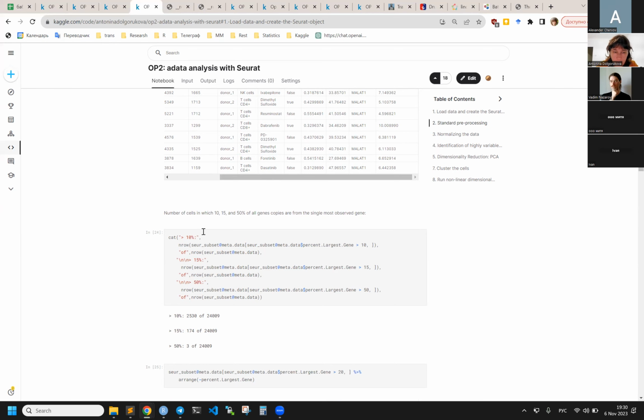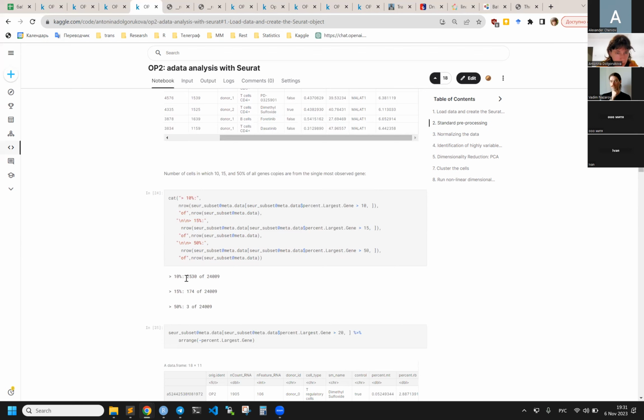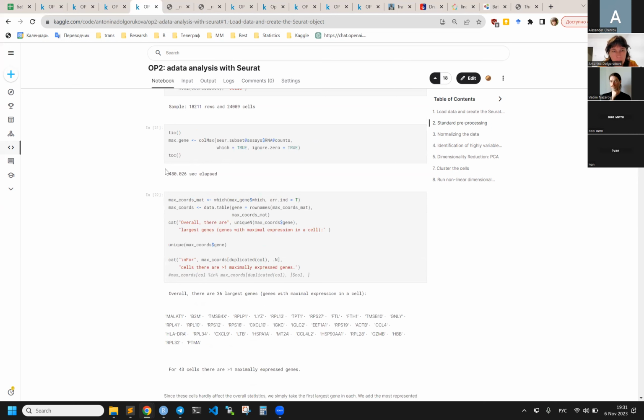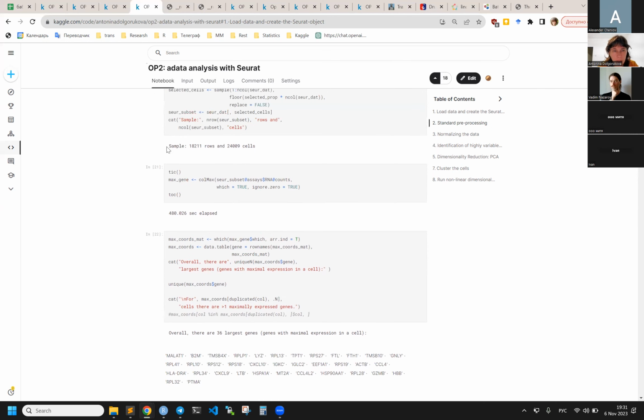Let's see how many cells have gene copies from a single most observed gene more than 10%. I forgot to say, because this calculation requires a lot of memory, I just took a 10% sample.